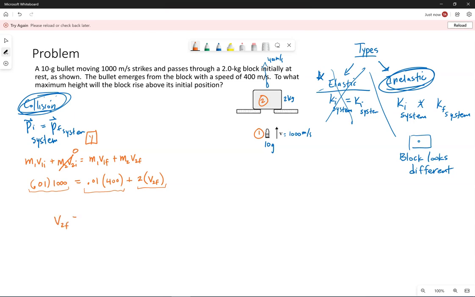This allows us to find how fast the block is traveling immediately after the collision has occurred. So let's put those values in. With 2, I'm getting 3 meters per second.